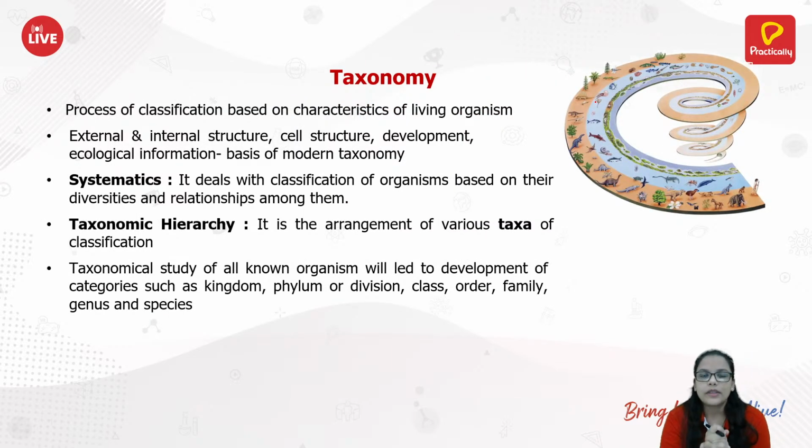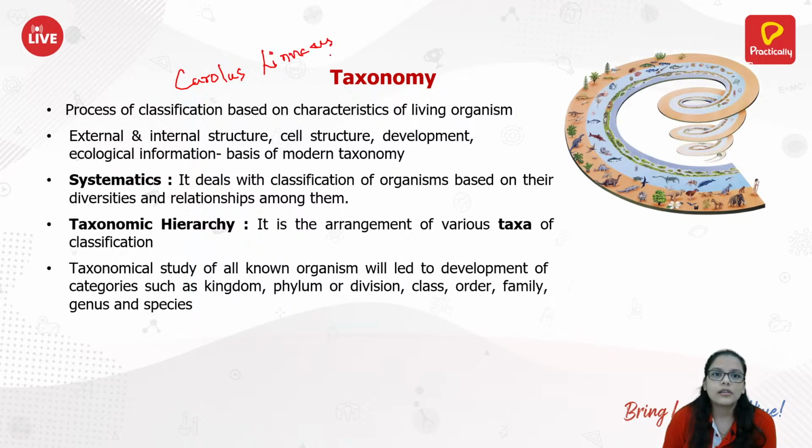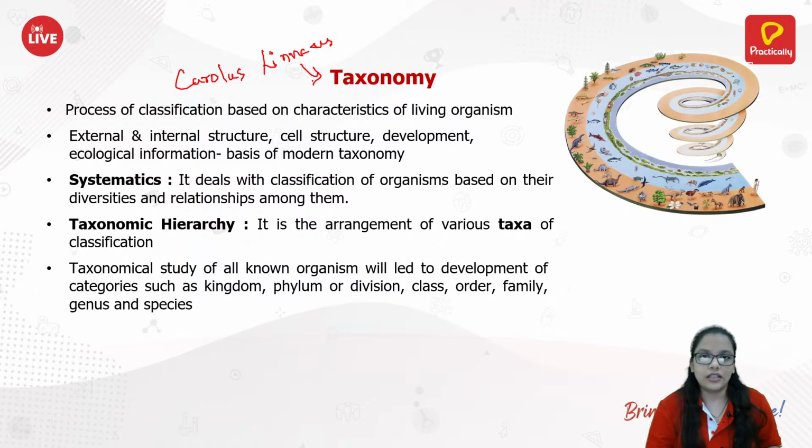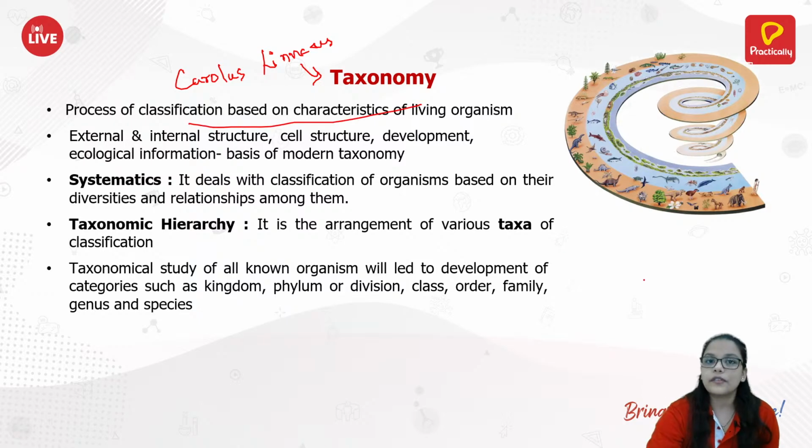Now, taxonomy. As I said, Carolus Linnaeus talked about taxonomy. What? Just the naming thing. Taxonomy is just dividing everything, dividing the living beings into different sections, classifying it. That is the process of classification based on characteristics of living organisms.